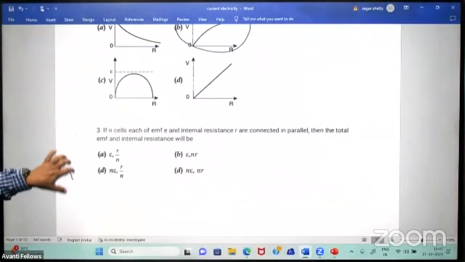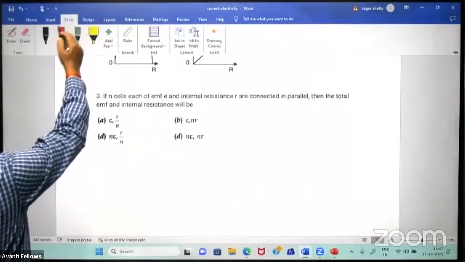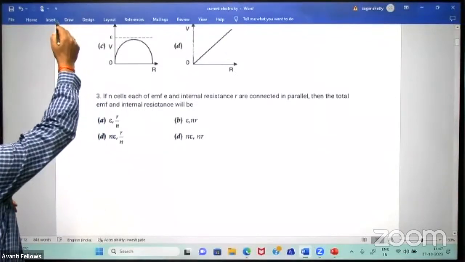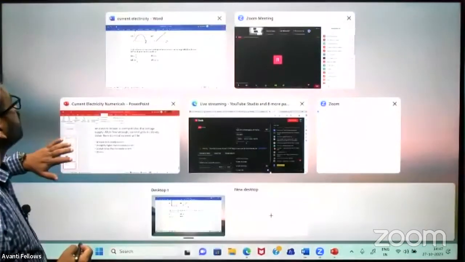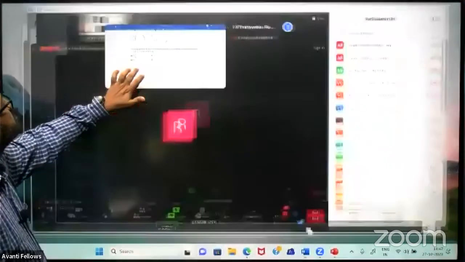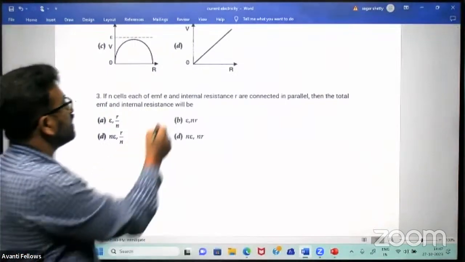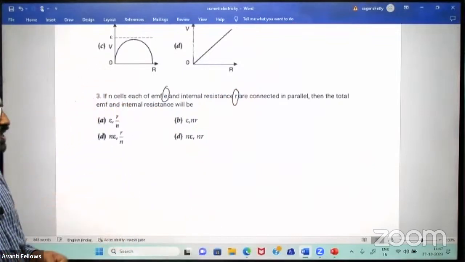Now, question number 3. If n cells, each of EMF E and internal resistance R, are connected in parallel, then the total EMF and internal resistance will be.